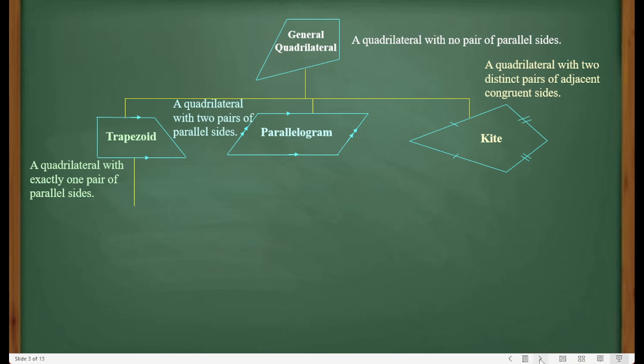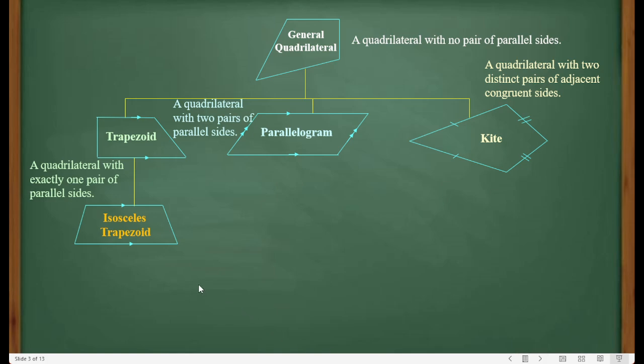Next, under the trapezoid, we have a special kind of trapezoid, and we call it the isosceles trapezoid. Now, what makes this isosceles trapezoid different from an ordinary trapezoid?